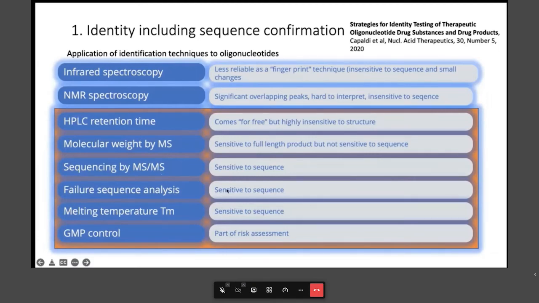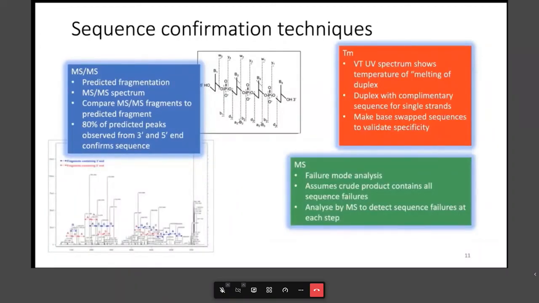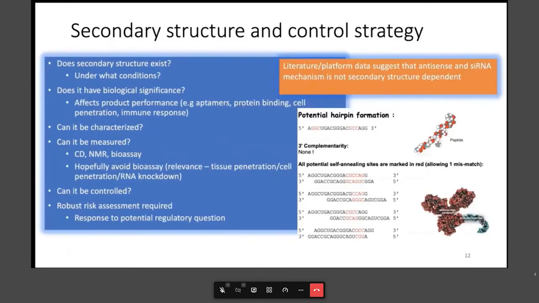So, using failure sequence analysis in our crudes, looking at melting temperature, and for an antisense that will be with a complement, or just by showing in a risk assessment that you have such good GMP control in your purification that swapping around amidites, nucleosides, is very, very difficult. So I won't focus on this slide on sequence methods.